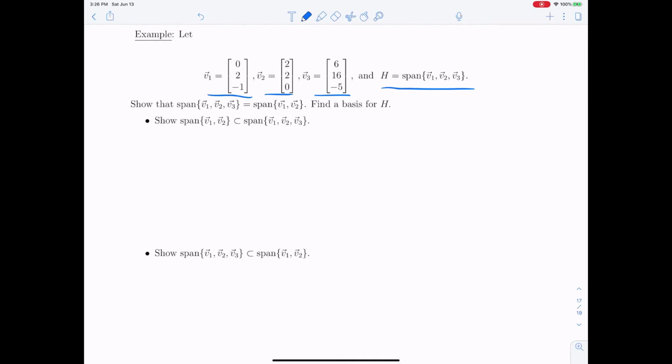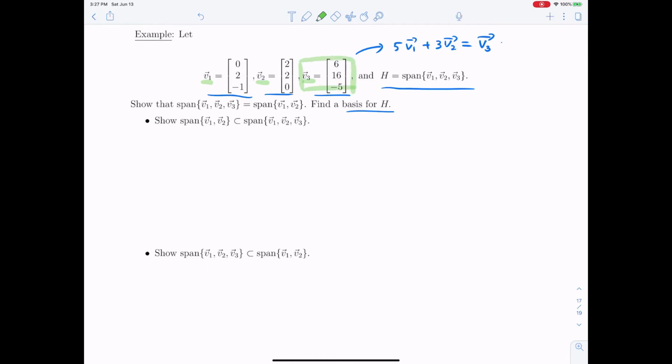And let us find the basis for H. First of all, we can observe that there is a linear relation between v sub 1, v sub 2 and v sub 3. If you calculate 5 times v1 plus 3 times v2, then you're going to get v sub 3. So it seems like v sub 3 is a redundant element to represent H.